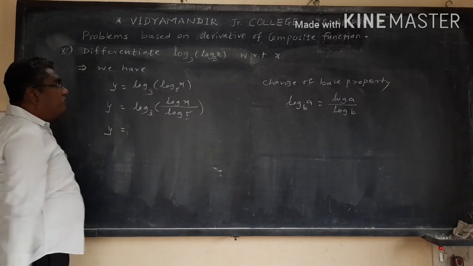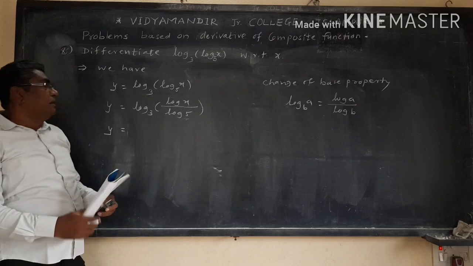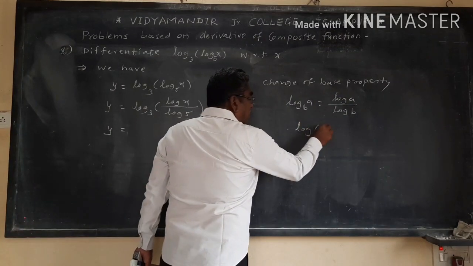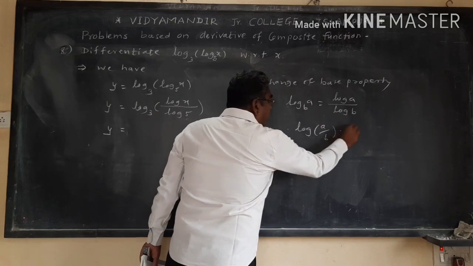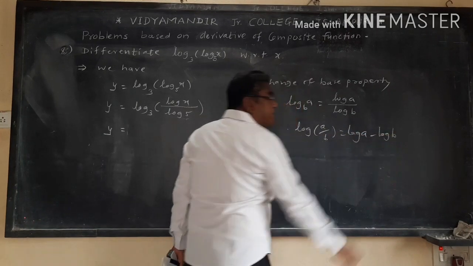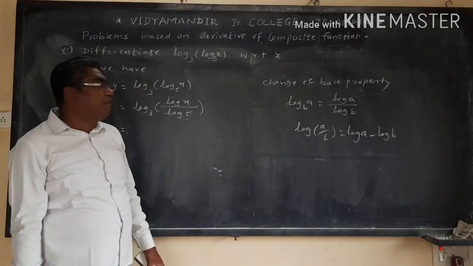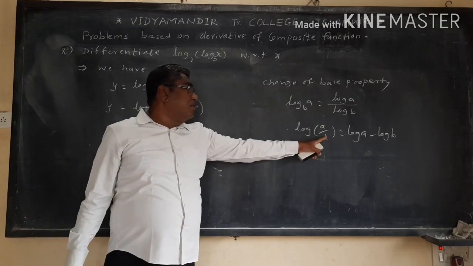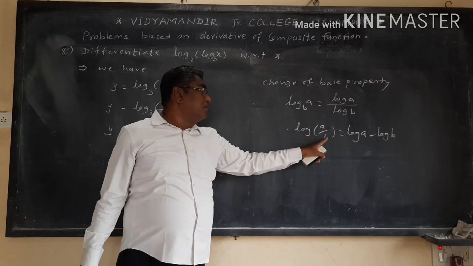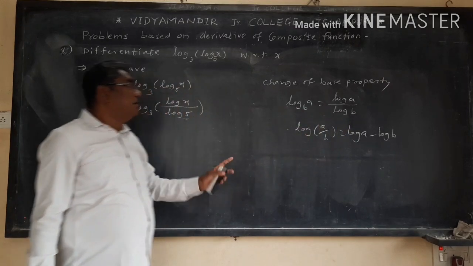Y is equal to. Since log a upon b is equal to log a minus log b, log of numerator minus log of denominator.